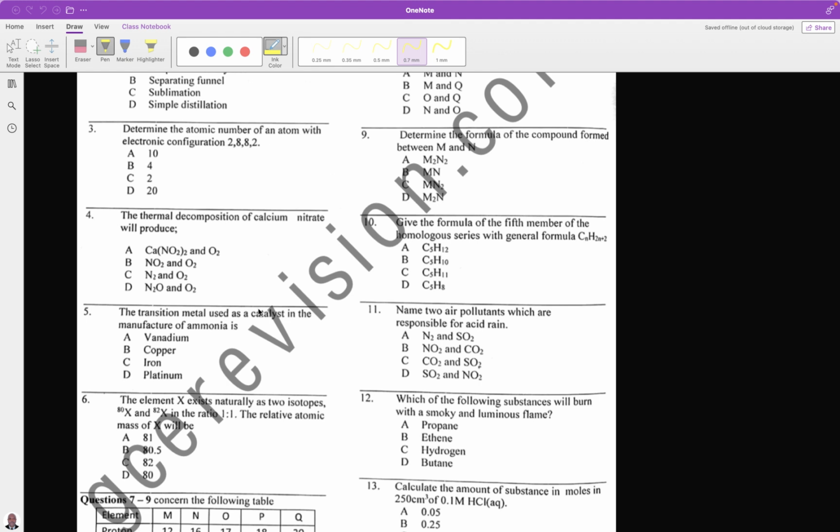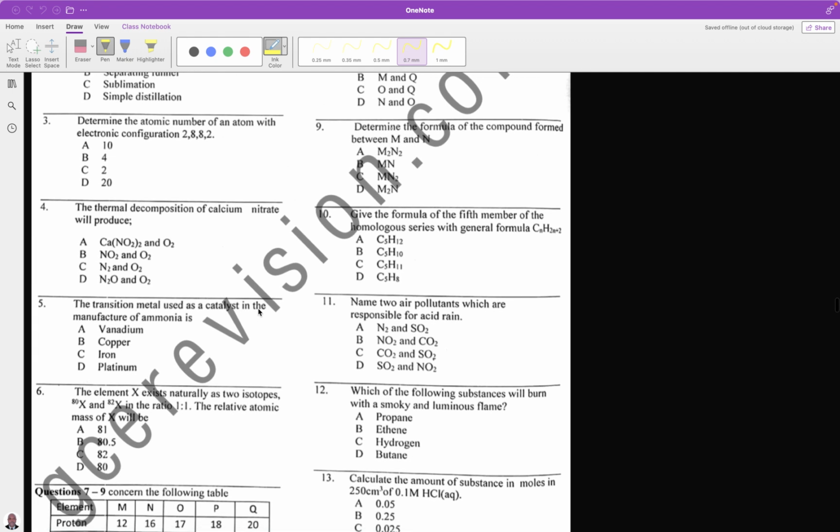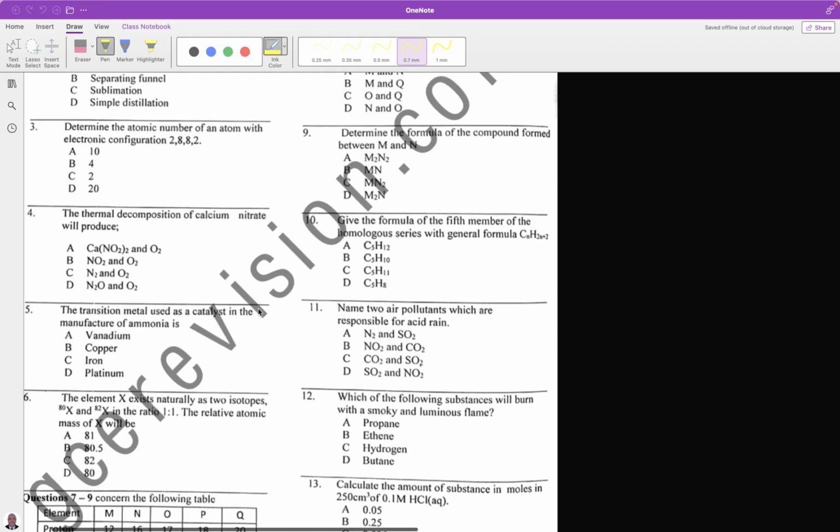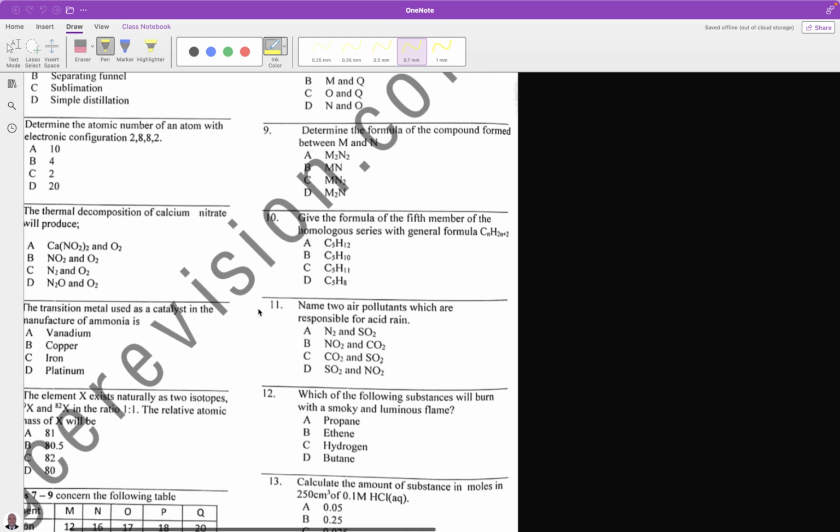The compounds produced are supposed to be nitrogen dioxide and oxygen, because this is the thermal decomposition.